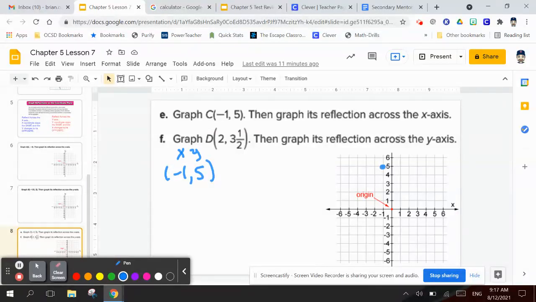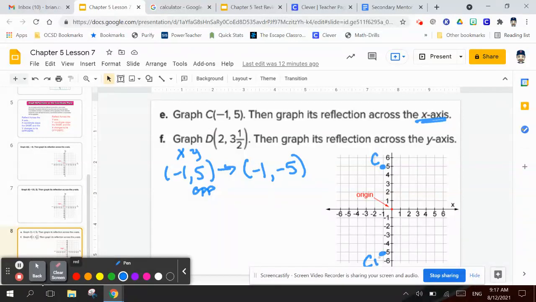So here's point C. To graph across the x-axis, x stays the same, which is -1, and y changes to its opposite. The opposite of 5 is -5. So I go over to -1, down to -5, and that's C1.